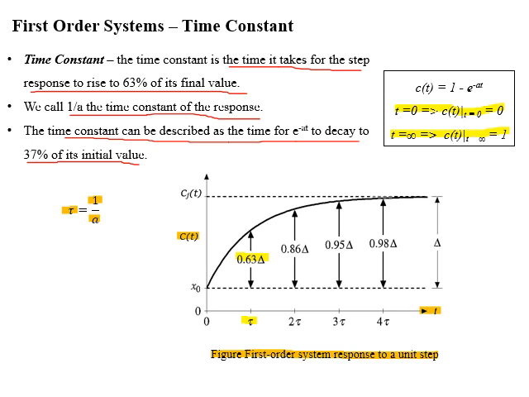After 2 time constants, the output of the system reaches 86% of the final value. After 3 time constants, the output reaches 95% of the final value, and after 4 time constants, the output reaches 98% of the final value. In this figure, delta represents the final value of the system.